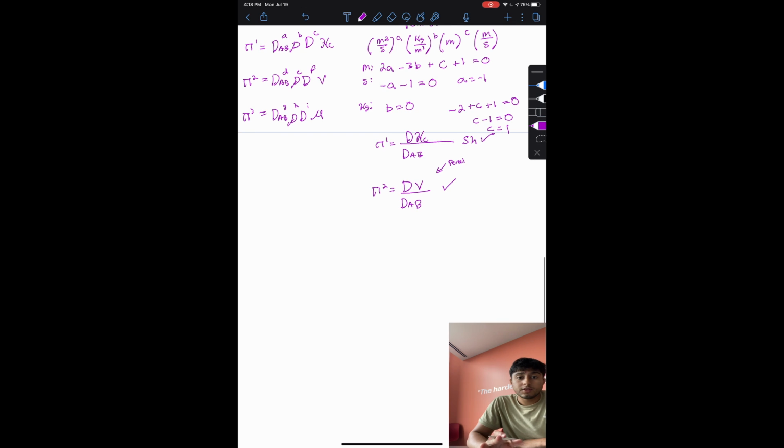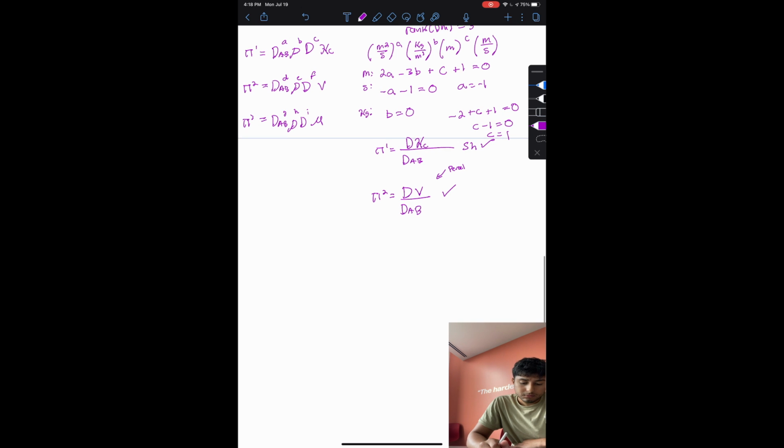Now let's find the third dimensional group, because we still need to figure out the Schmidt and Reynolds, since we're trying to find the dimensional groups for all three. So let's set it up.